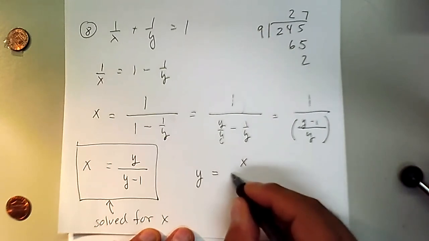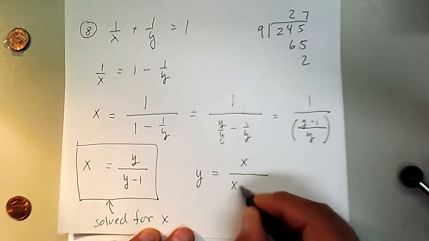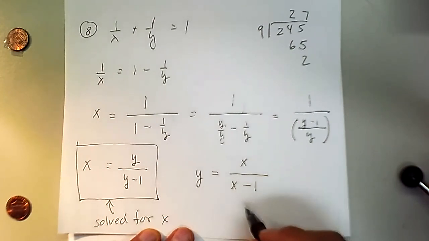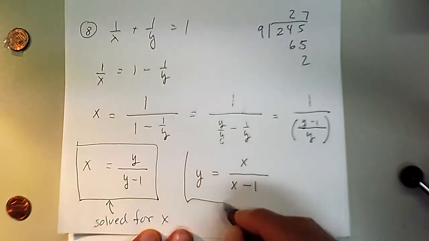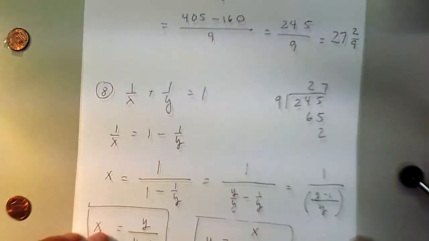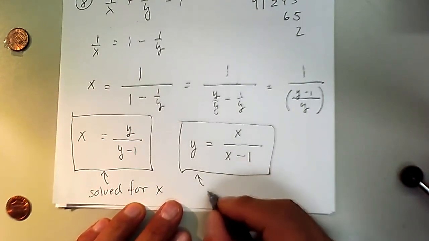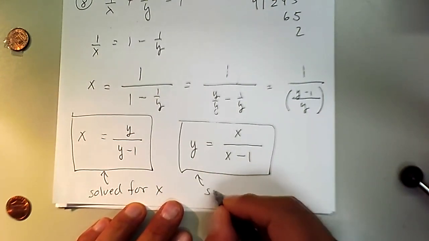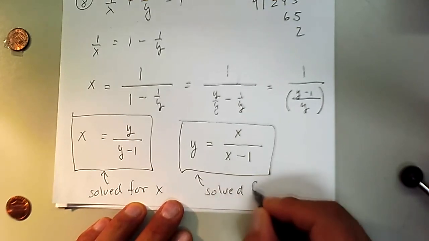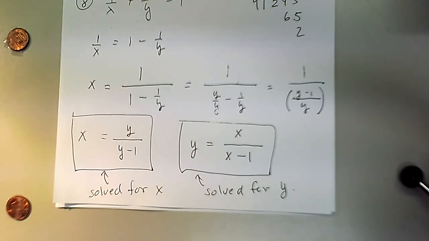The solution is going to be pretty much the same if we solve for y. Isn't that interesting? But that only happens if we have symmetry within the equation. Otherwise, we cannot do that. So that is the same equation solved for y. All right, we're going to stop this video here.